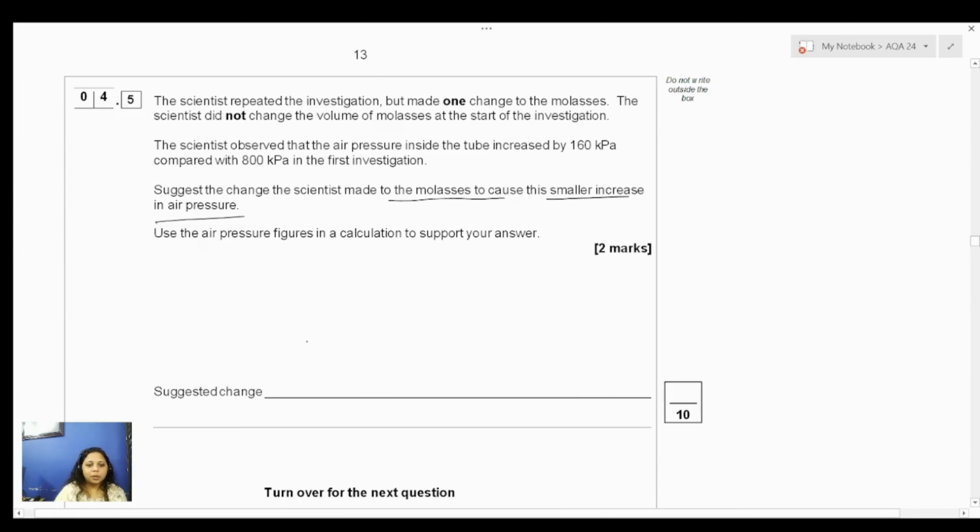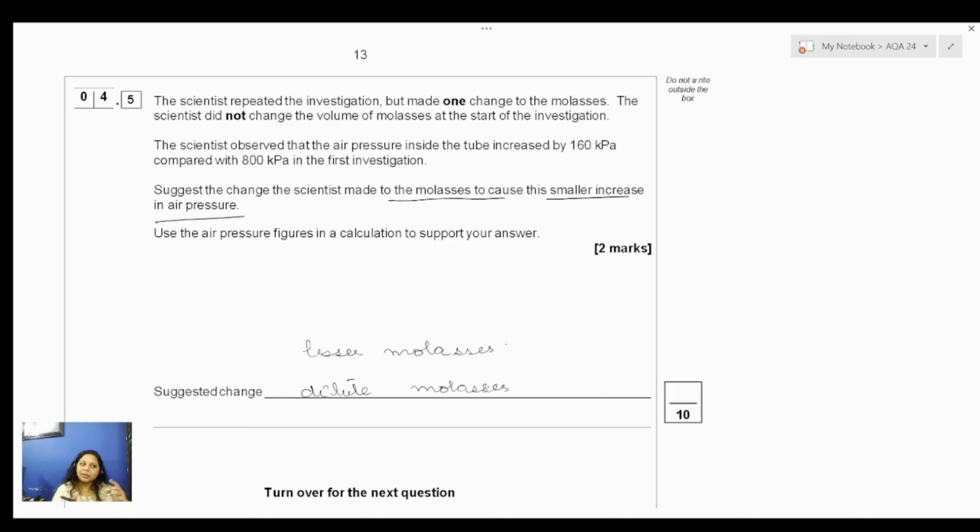Okay, let's rephrase this. Lesser molasses means a dilute molasses. It needs to be like this, that lesser water should enter it.